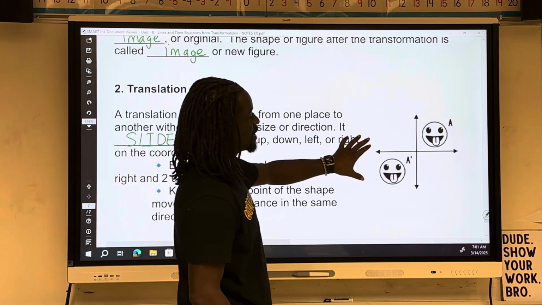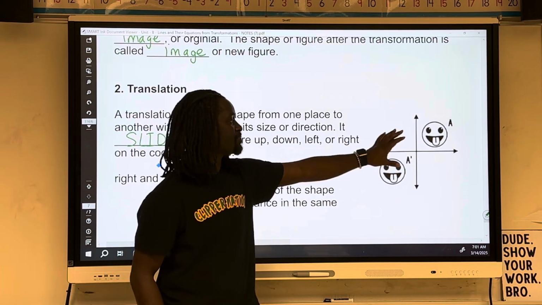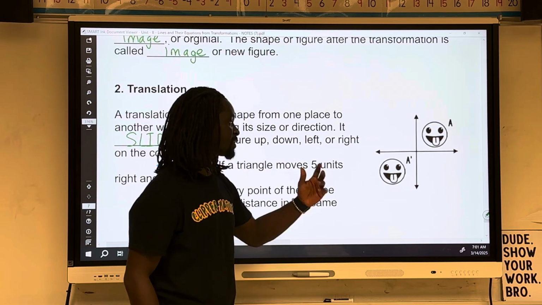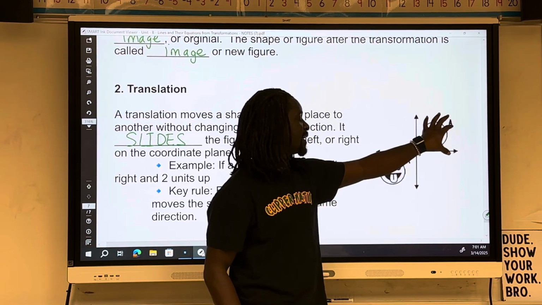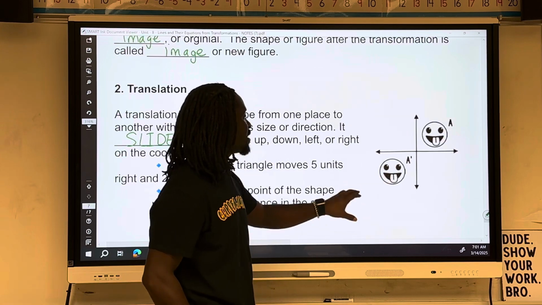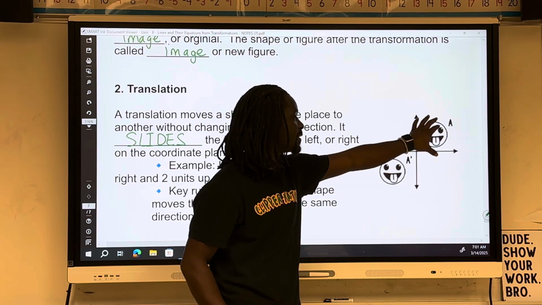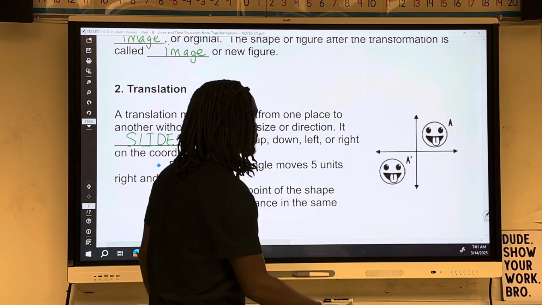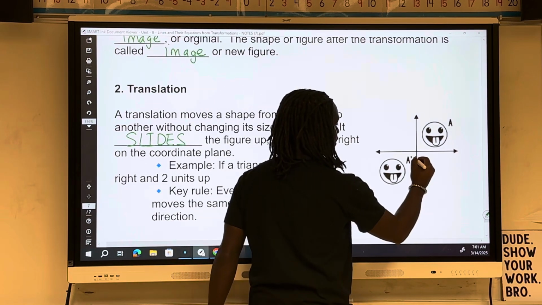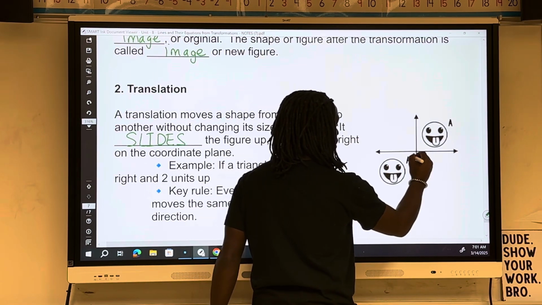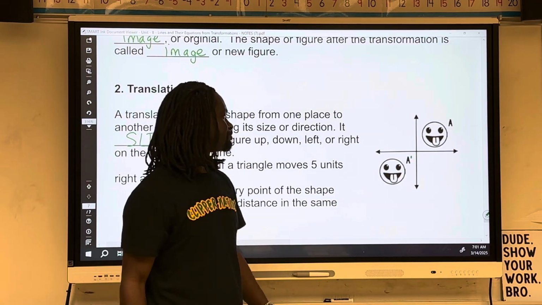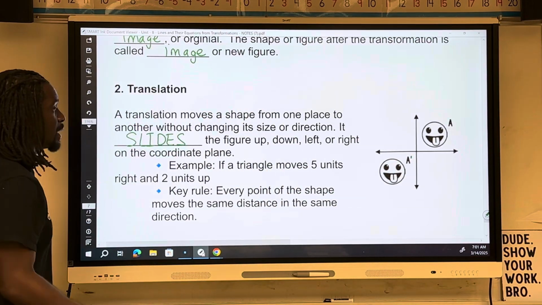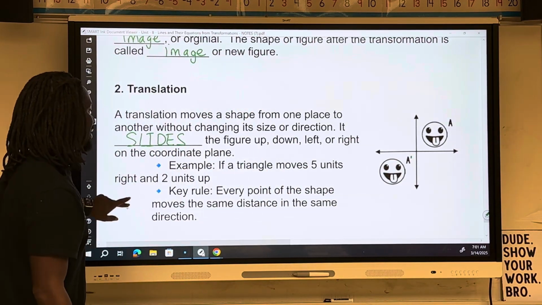Here's just a picture of a translation with a smiley face. This is the original, the pre-image, and then this is the image. And usually after it moves, the image has an apostrophe above it, okay? That's how we indicate that.